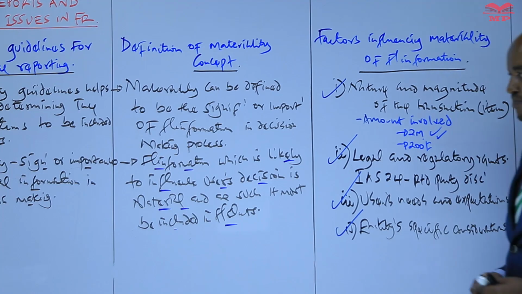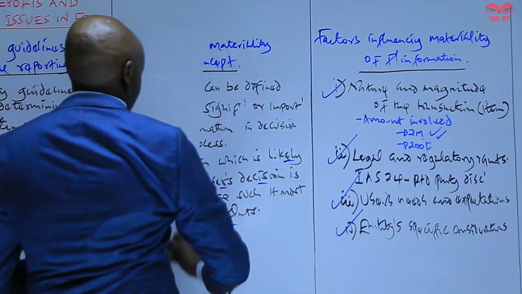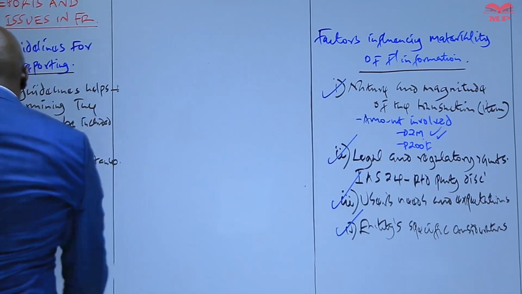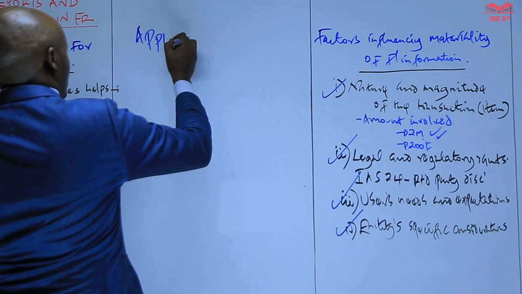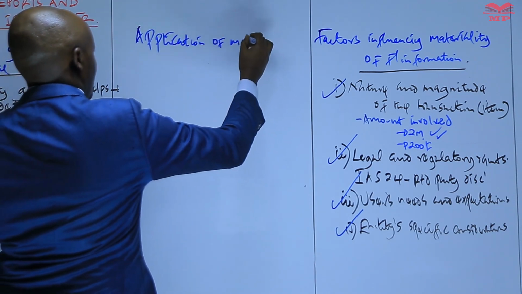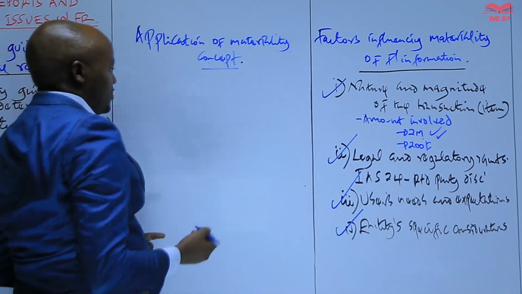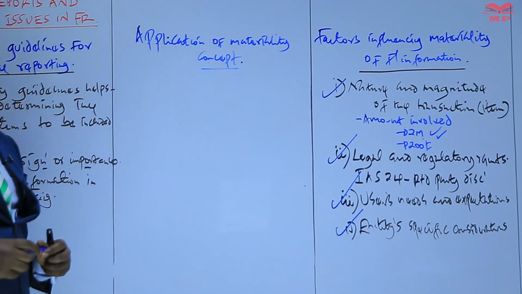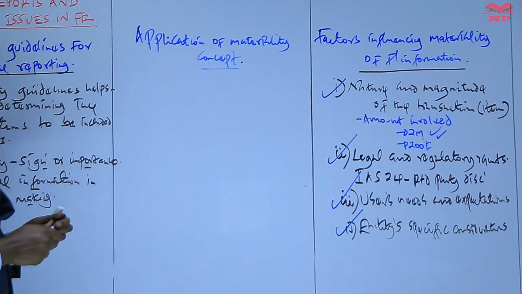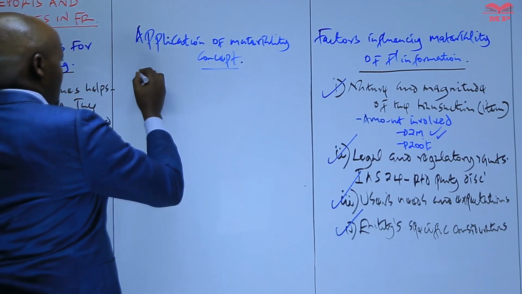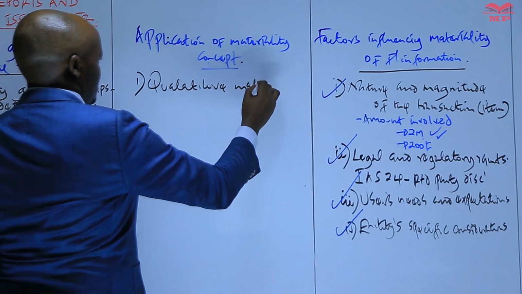So let's look at the application of the materiality concept. In this case, the materiality concept may be applied in various ways. Number one, you can talk of something called qualitative materiality.